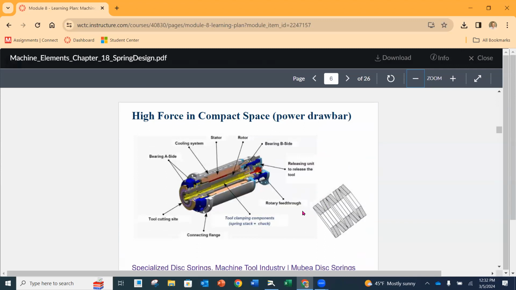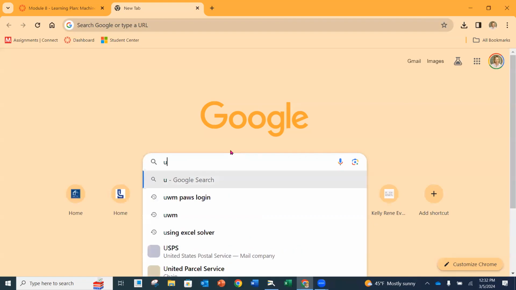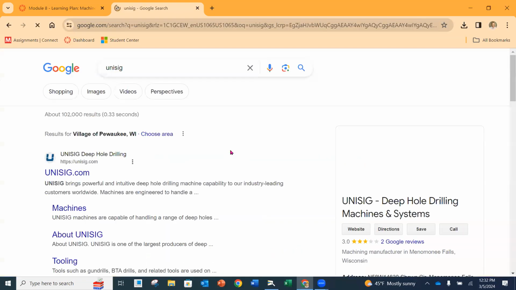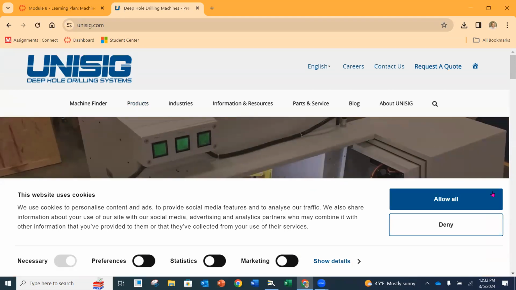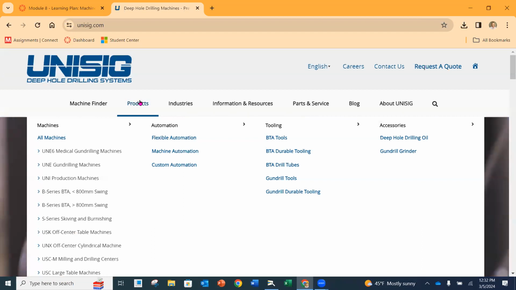So this is one application we can take a look at. This is a machine tool spindle with a stack of disc springs inside of it. I'll just show you a machine here quick. This is the company I actually worked at for a while.